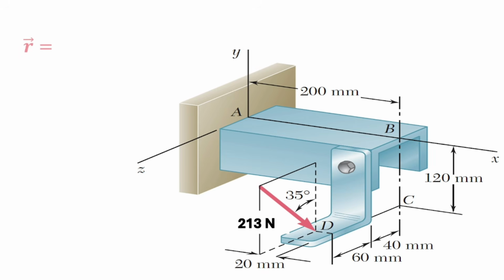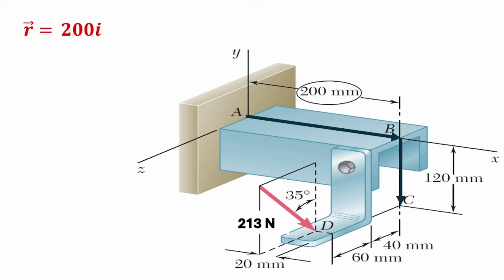So first, let's determine the position vector R, which is equivalent to the displacement from A to B, which we know is just 200 mm and is in the direction of the x-axis, so it's going to be plus 200i. Then we have the displacement from B to C, which is against the y-axis because it's coming down, so it's going to be negative, and in this case the dimension is 120 millimeters, so we have minus 120j.